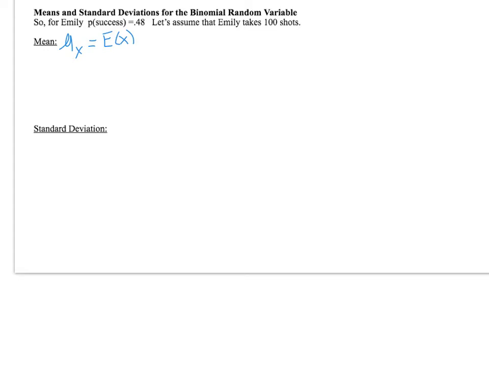So if the question is what's the expected value, for this particular scenario, Emily has a probability of success of 0.48 and she's going to take 100 shots. The expected value is really asking how many out of 100 do you expect her to make?